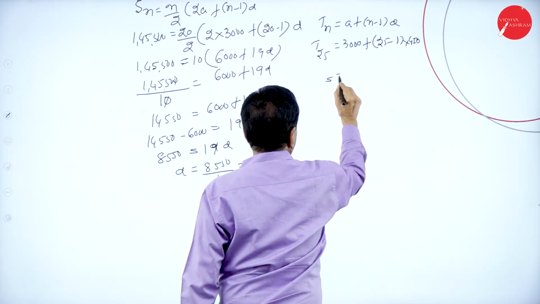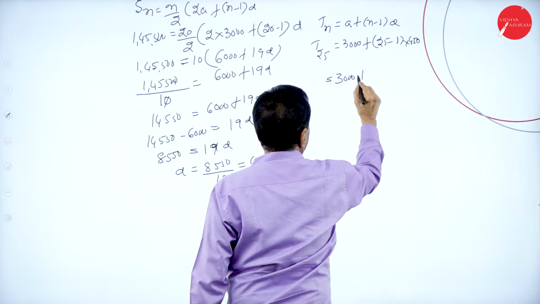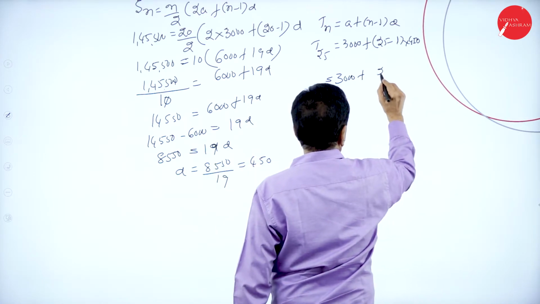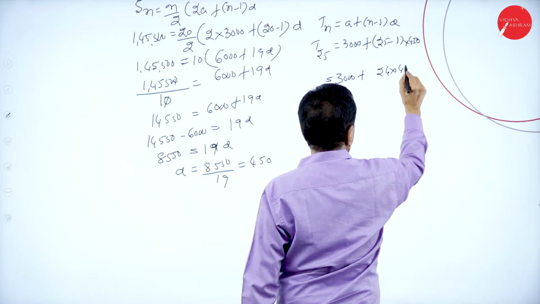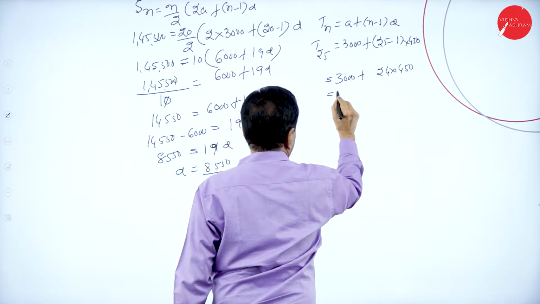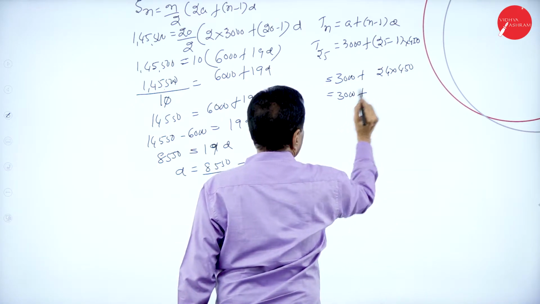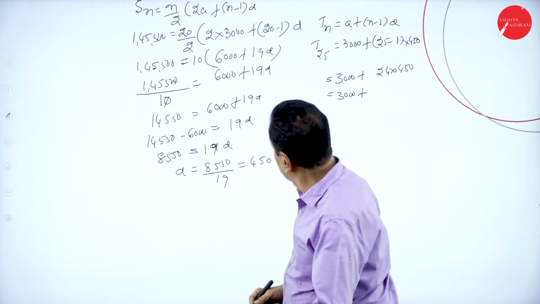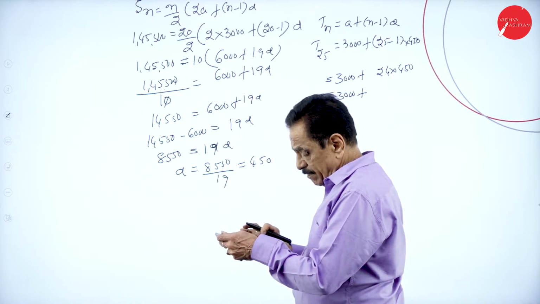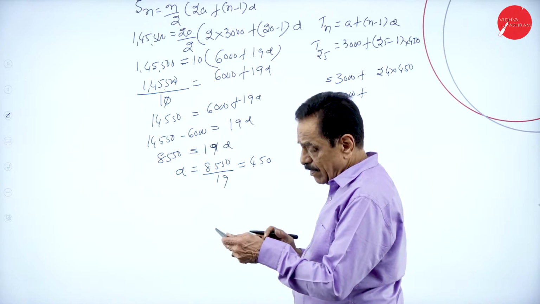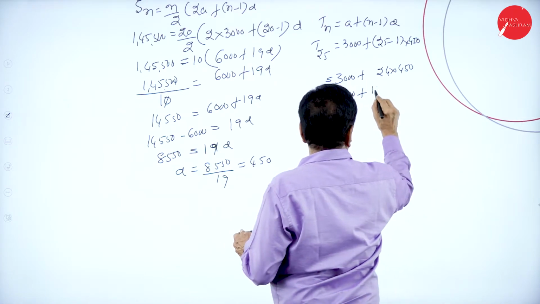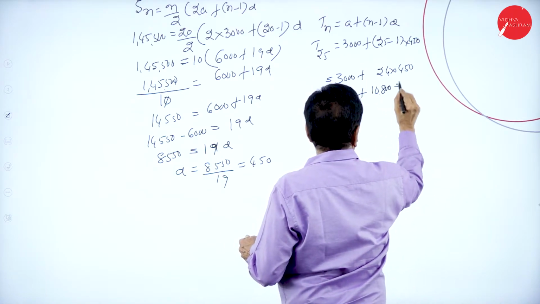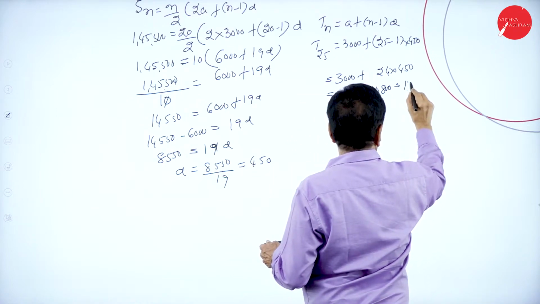This is 3000 plus 24 into 450. 24 into 450 is 10,800. Add 3,000, 13,800.